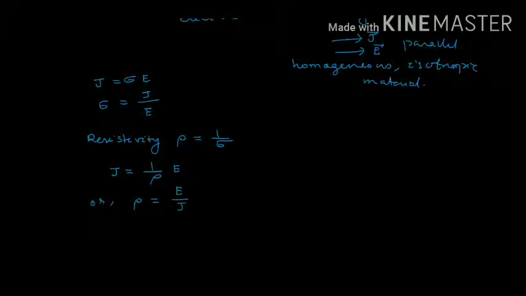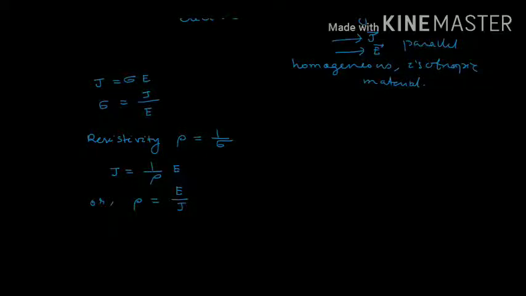Since we know that resistivity rho is equal to 1 by sigma, we can write J is equal to 1 by rho into E, or rho is equal to E by J. So the resistivity of the given conductor is equal to the ratio of the magnitude of electric field strength to the magnitude of current density.